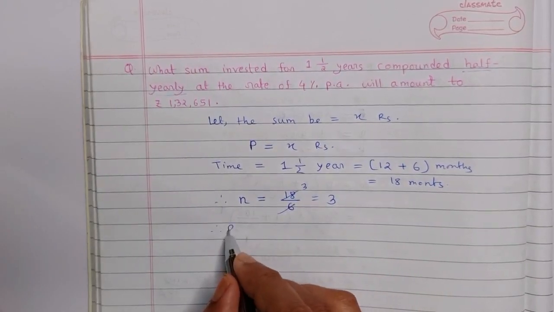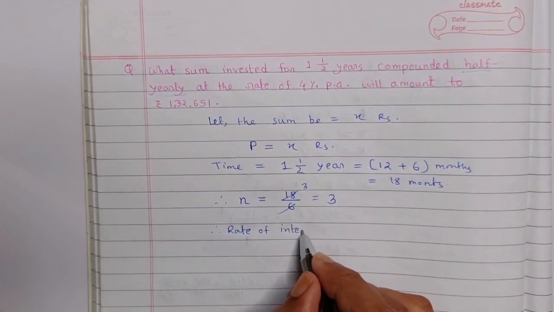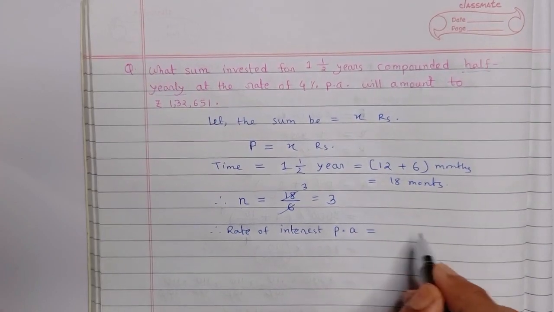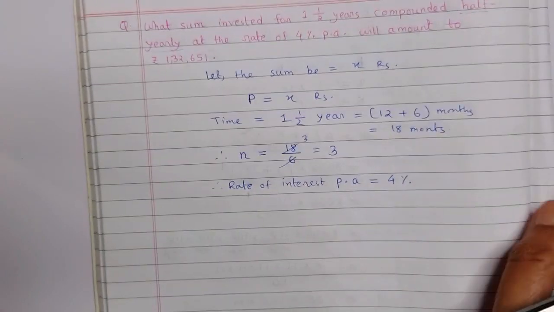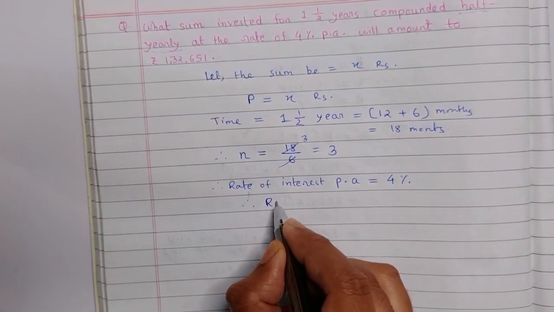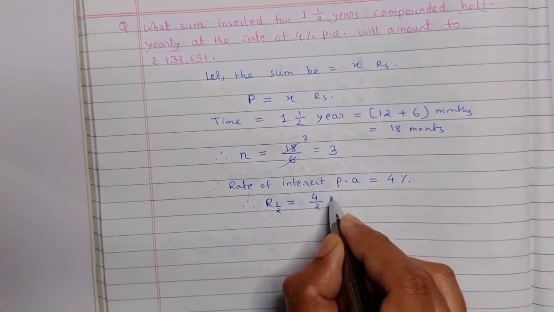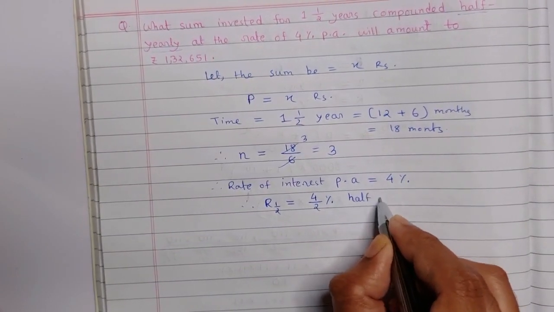And the rate of interest per annum is given as 4%. Again, since it is half yearly, the rate of interest should be divided by 2. So R half, that means the rate of interest for 6 months, equals 4 by 2%, half yearly.